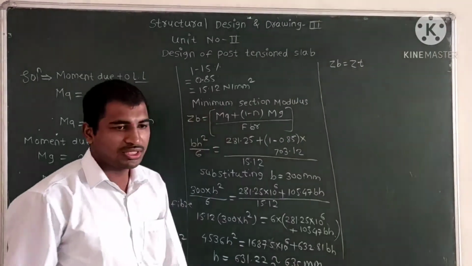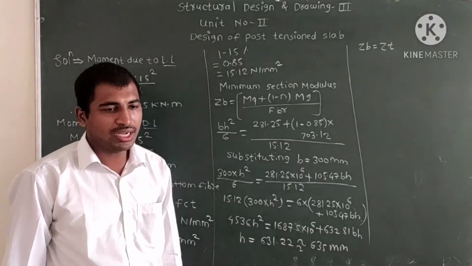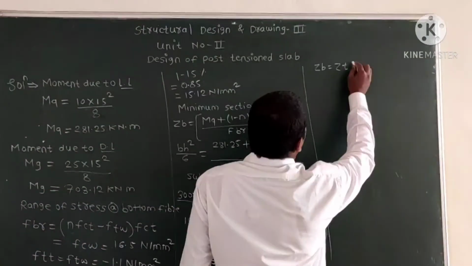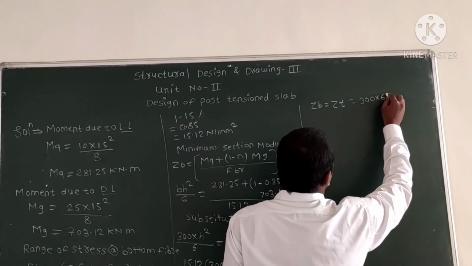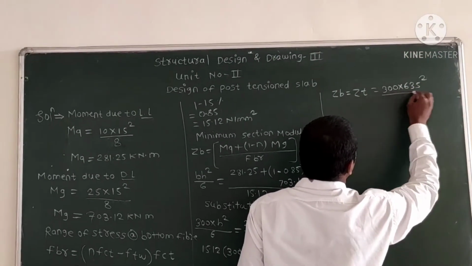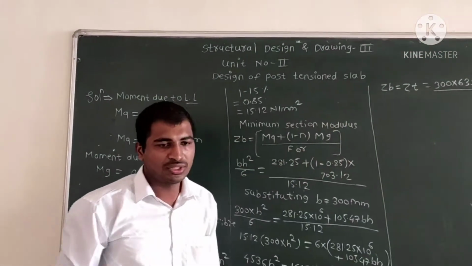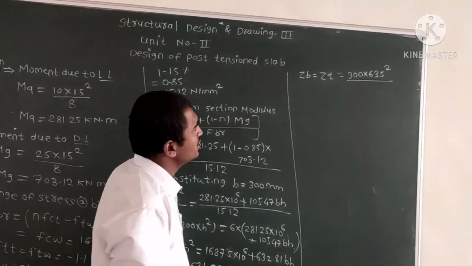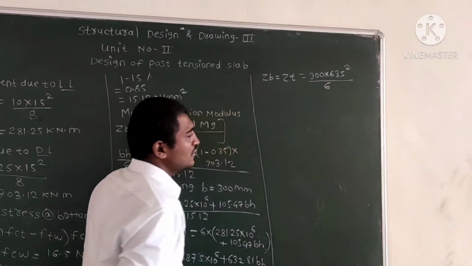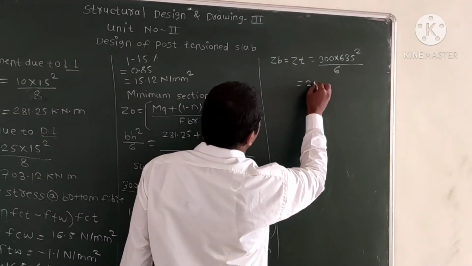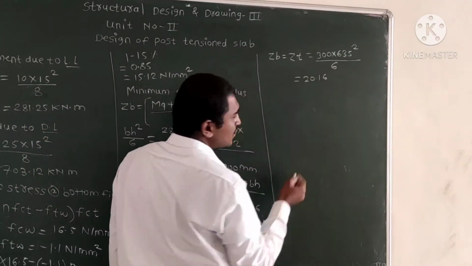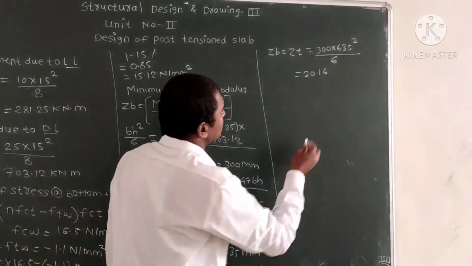Then ZB is equal to ZT, which is equal to 300 into H square upon 6. Calculate these terms, we get 20.16 into 10 raised to 6.